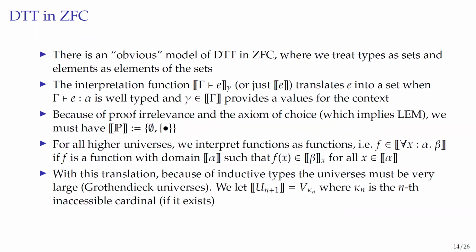So you have an interpretation function, which translates every expression in a context into an element parameterized over another set. And so the model of propositions is just a 2-element set, and the representation of universes is with Grothendieck universes.